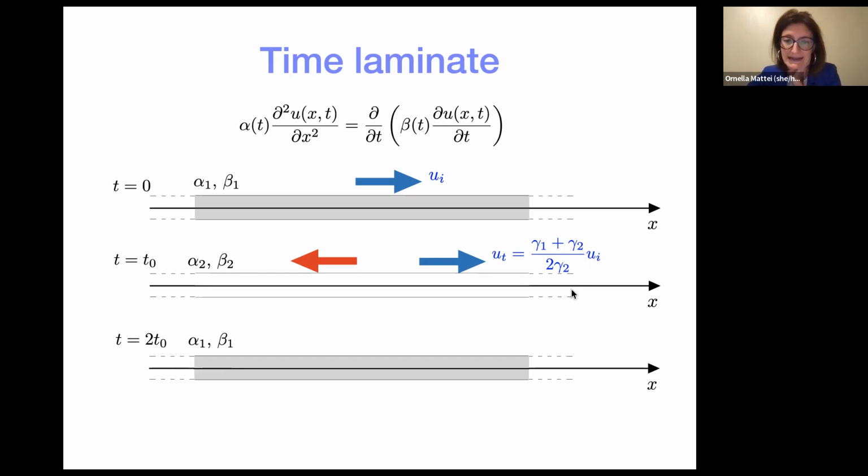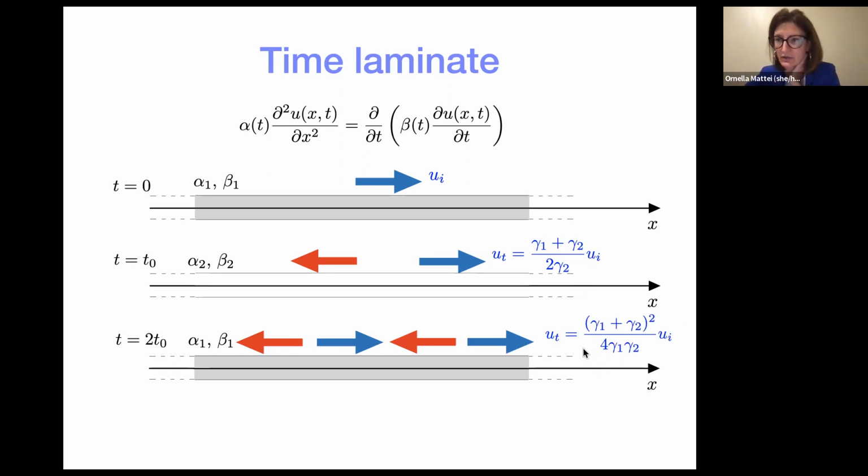Then we apply another time interface, so we have another switch, and we will have a further splitting of the wave, and we can write down the intensity of the wavefront in this scenario. Now, if we keep doing this, we'll see that the intensity of the wavefront will have this expression where n is the number of switches from material 1 to material 2, and m is the number of switches from material 2 to material 1. So it has an exponential behavior.